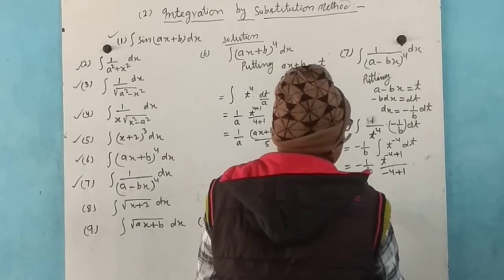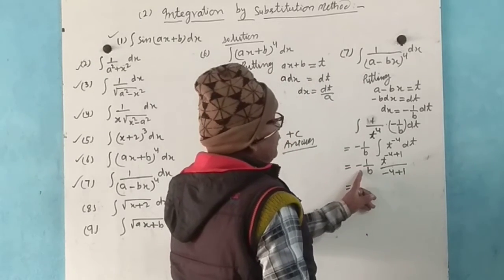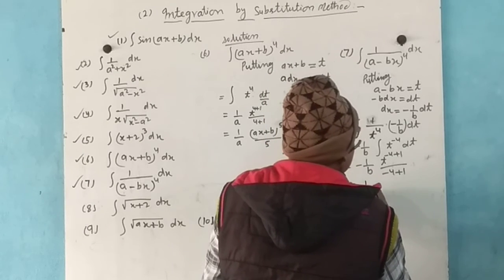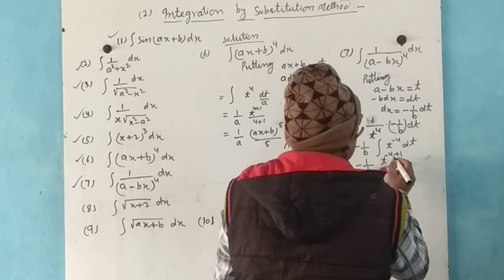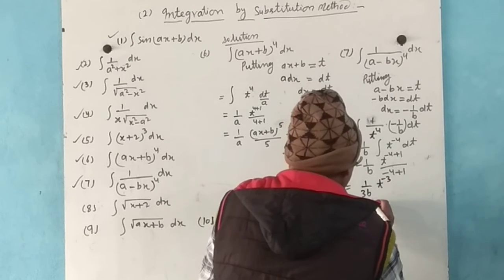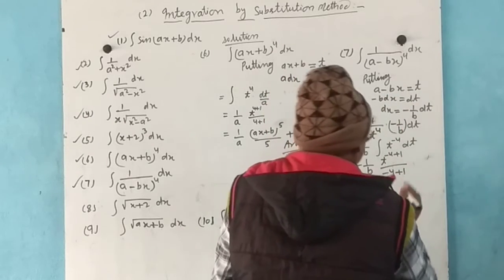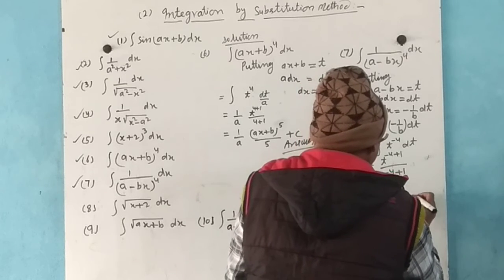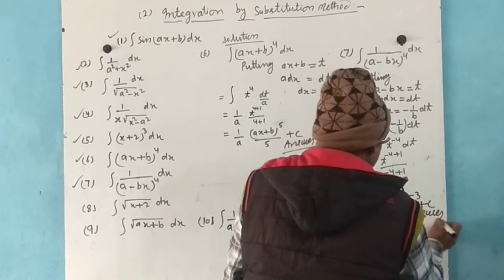This is minus 3, minus minus is plus, so that 1 by 3b and t to the power minus 3, which we write as 1 by 3b, a minus bx to the power minus 3 plus c. This is the integration of this.